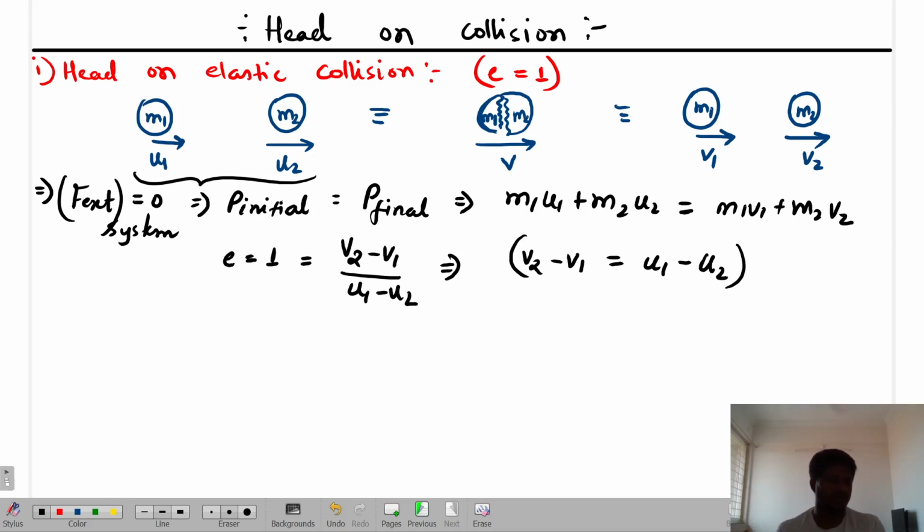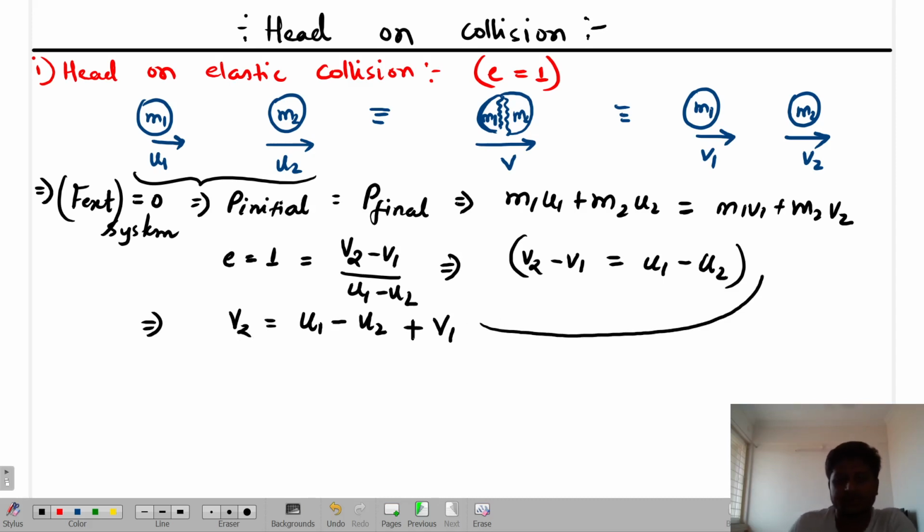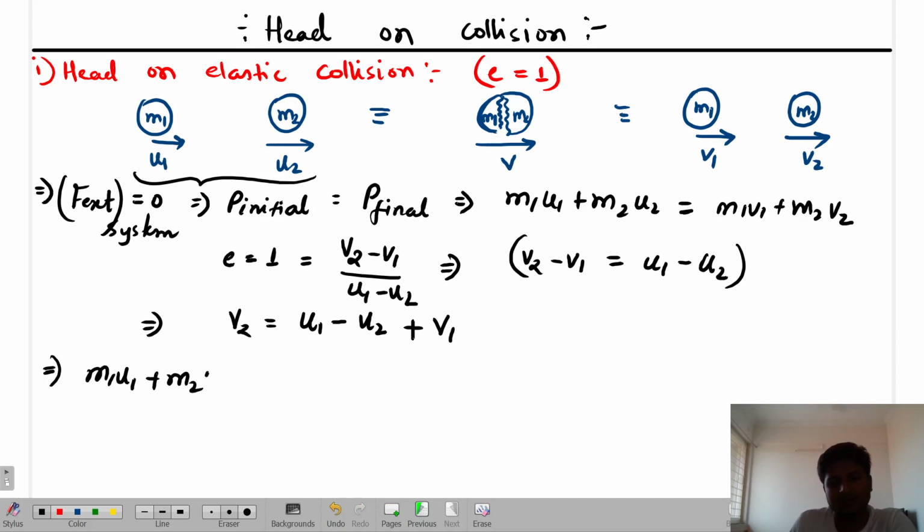So basically, I can directly write our v2 value. Let's suppose v2 is equal to u1 minus u2 plus v1. Got it? In this first equation, if I just replace it, what I'm going to get? m1 u1 plus m2 u2 is equal to m1 v1 plus m2 u1 minus m2 u2 plus m1 v1.